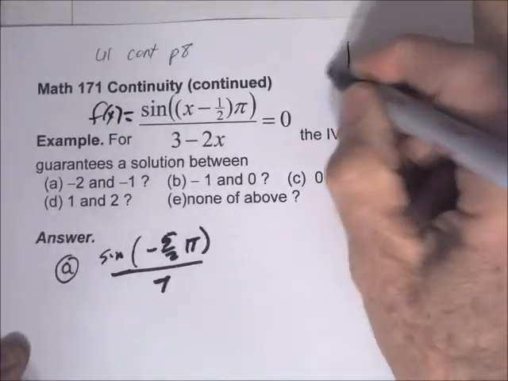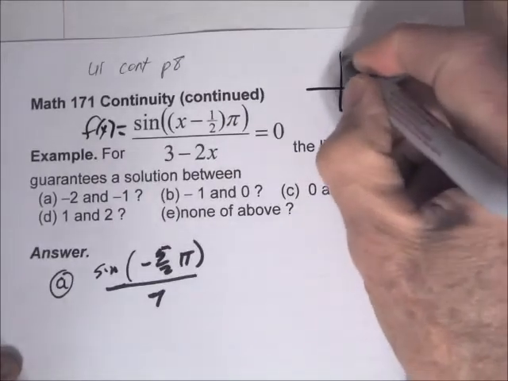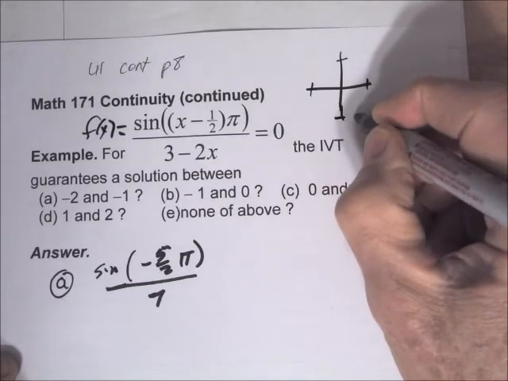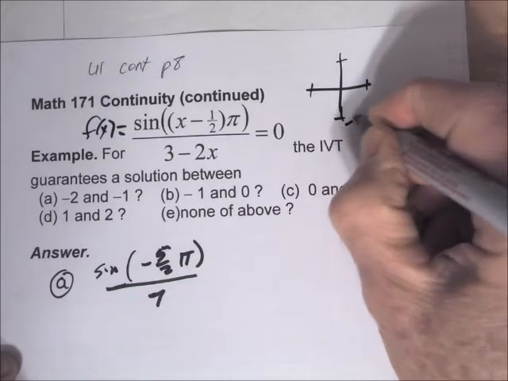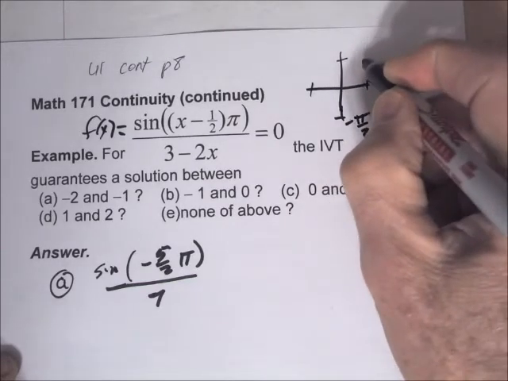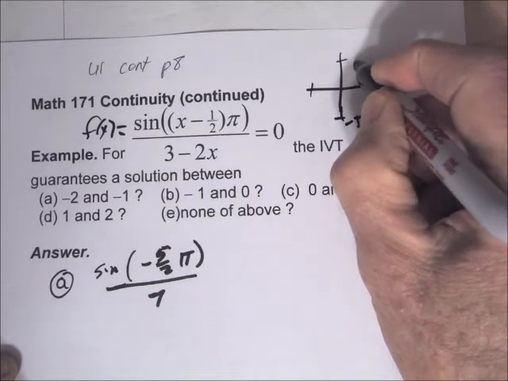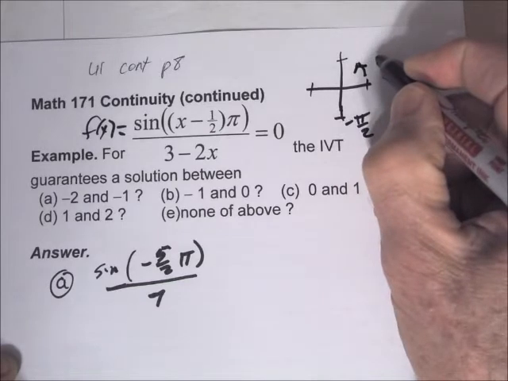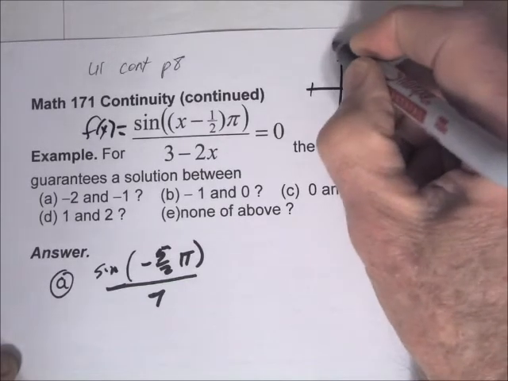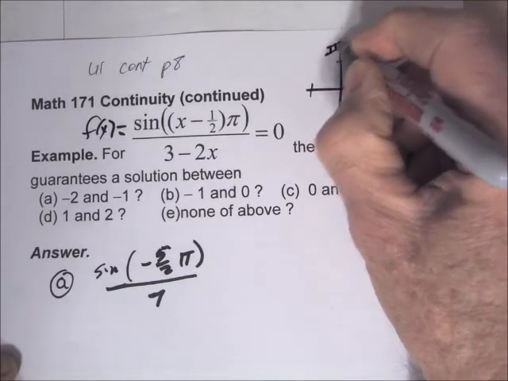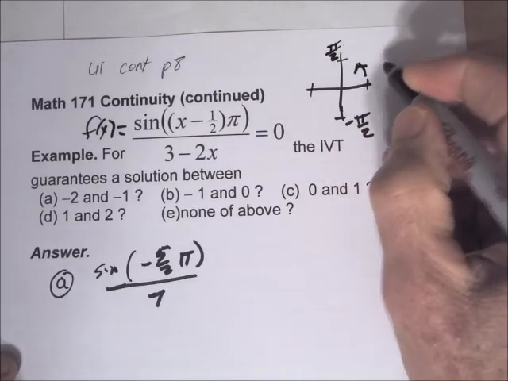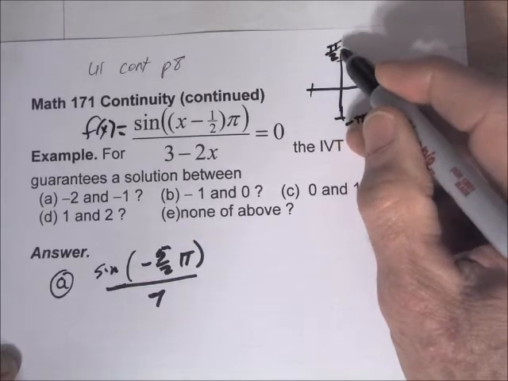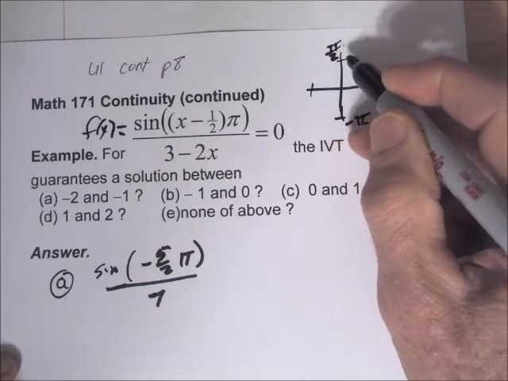So minus pi over 2 is going to be down here. If we go around the unit circle in this direction, oh, we want pi over 2. So pi over 2 is up there. If we go in this direction, we pass pi over 2. Oh, we want minus pi over 2.